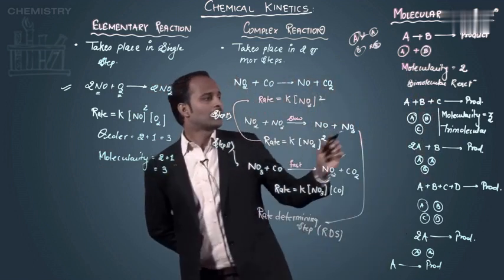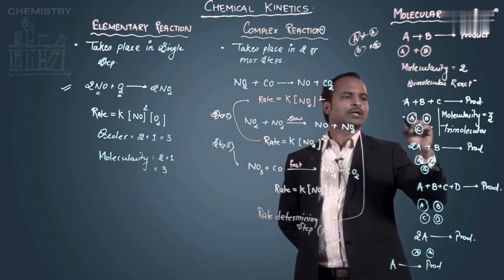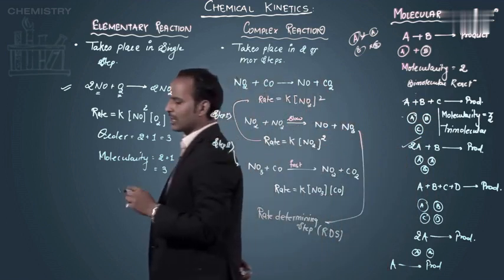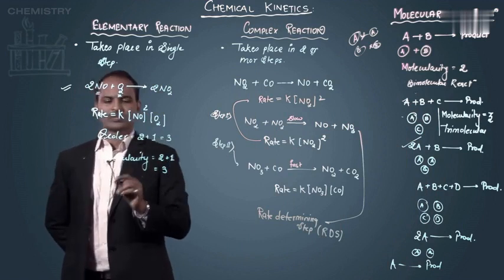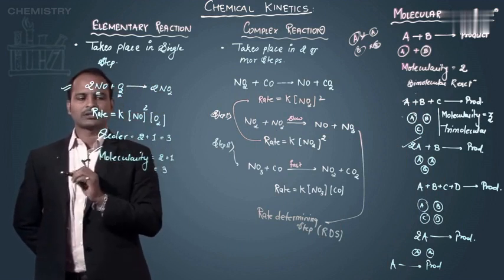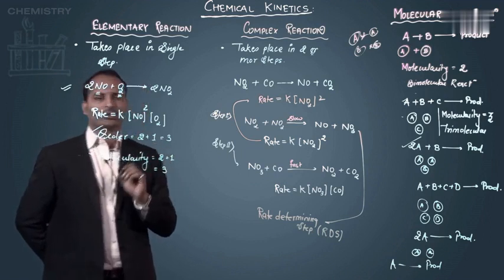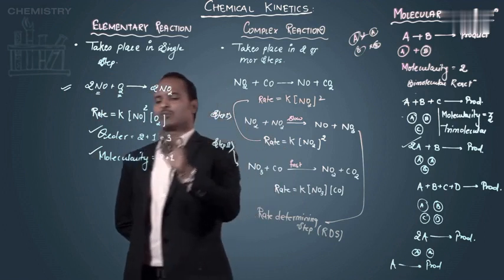Means the molecularity of a reaction can be predicted or written only from the balanced chemical equation. If you want the molecularity, then for molecularity we just add the stoichiometric coefficients. That is, molecularity is a theoretical concept, while order of reaction is considered an experimental quantity. So here for this particular reaction, the molecularity is 3.